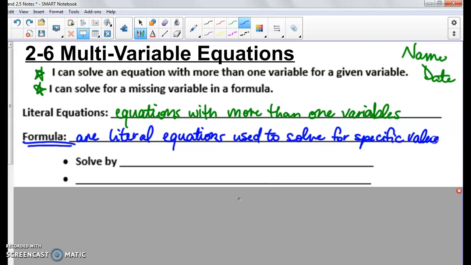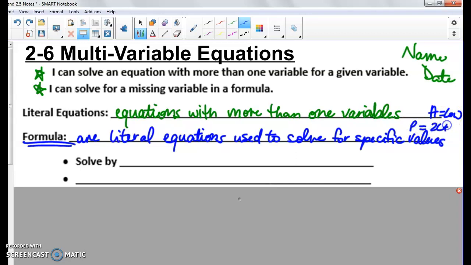One of the most common ones we see with our formulas is your area formula for a rectangle, area equals length times width. You have your perimeter formula, P equals twice the length plus twice the width. All of those are formulas because they solve for something in particular.